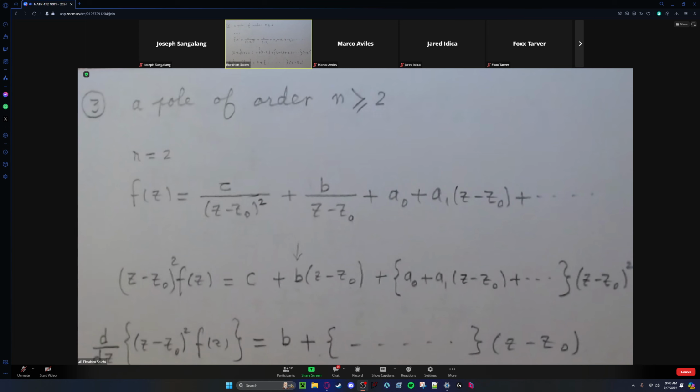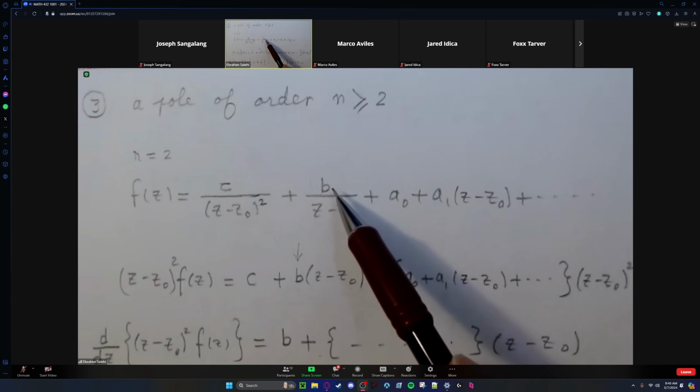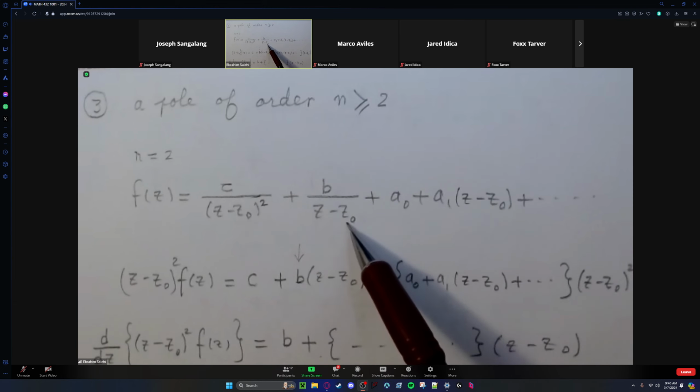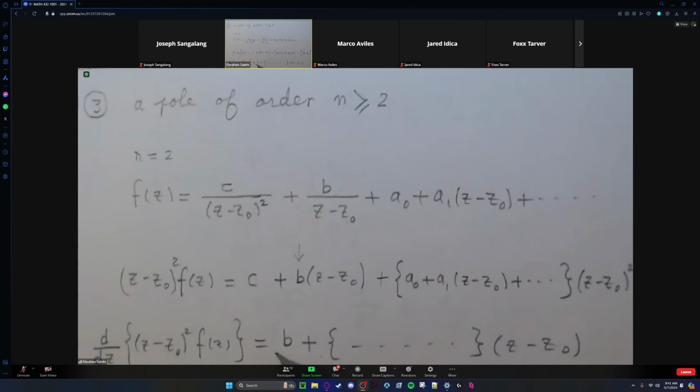Okay? Now, our goal is finding b. We need this one, which is the residue. We need the coefficient of 1 over z minus z naught. So how do we find this?